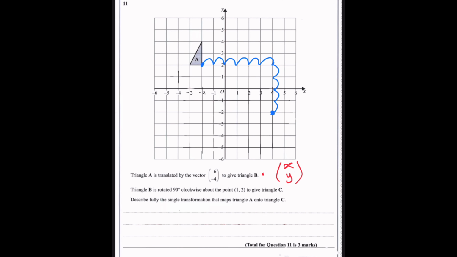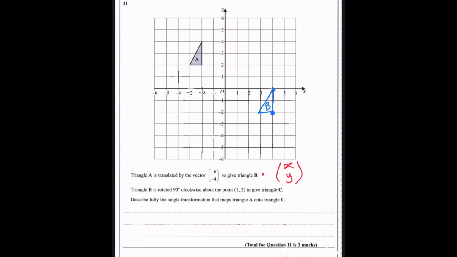So that point moves to here. I'm going to draw the new triangle location based on that, here, here, and down. This is now triangle B. Let me erase my working. There's the location of triangle B.